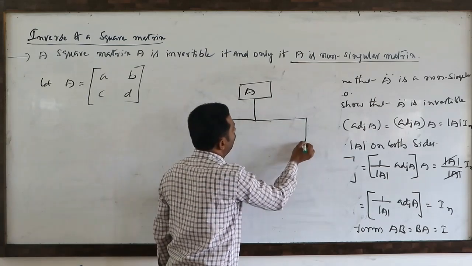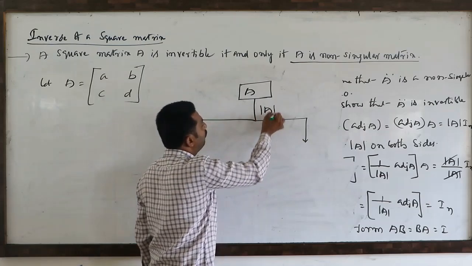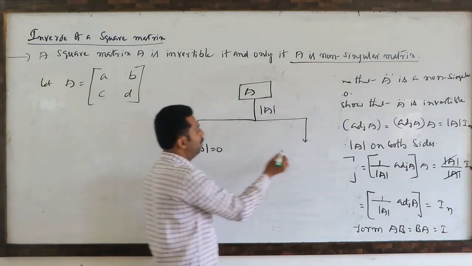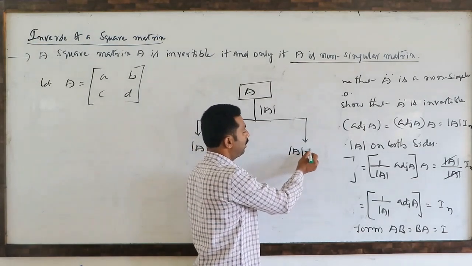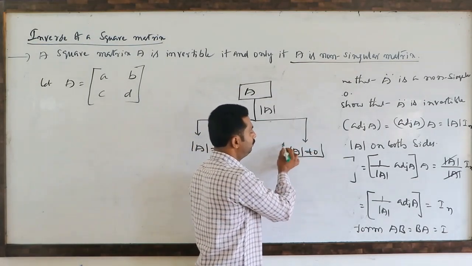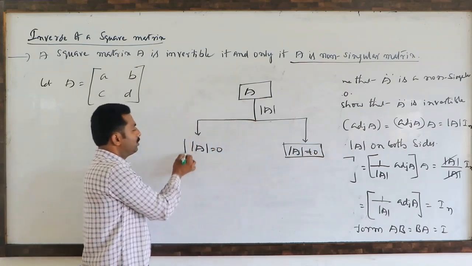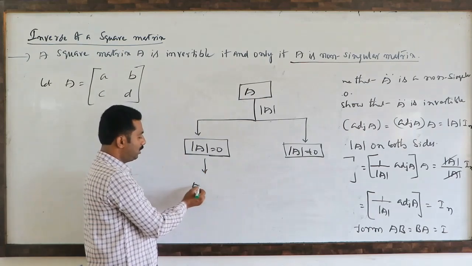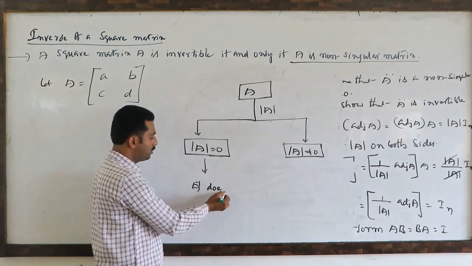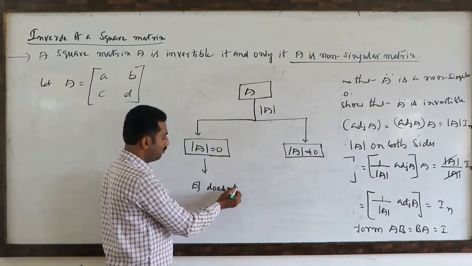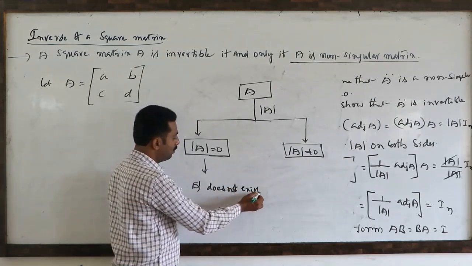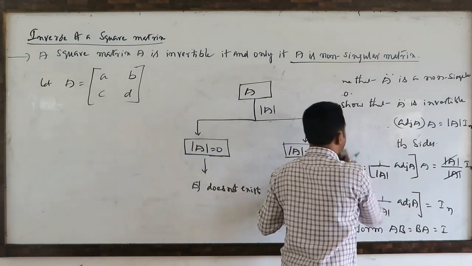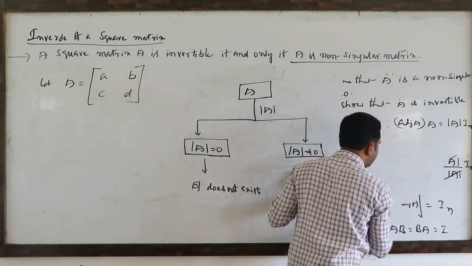Determinant of A. Suppose determinant of A equal to 0, or determinant of A not equal to 0. If determinant of A equals 0, then A inverse does not exist. If determinant of A is not equal to 0, then the inverse exists.